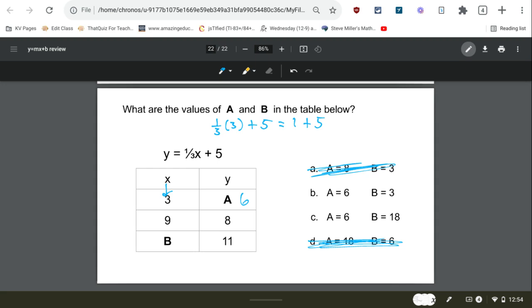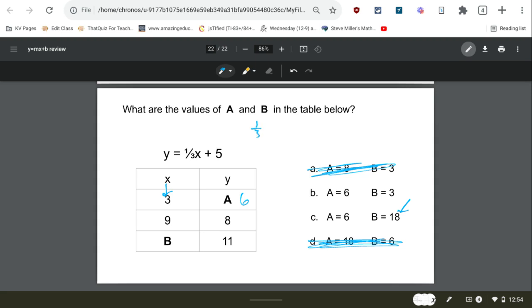And then the other one, you could plug in 18 for x and see if you get 11 back. I guess we'll set up an equation. What do you have to plug in for x?